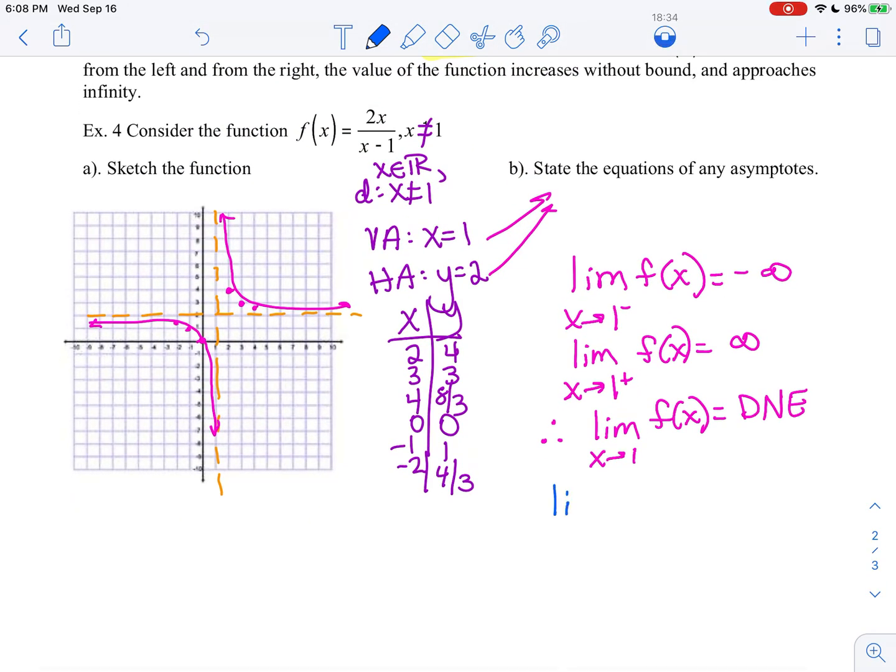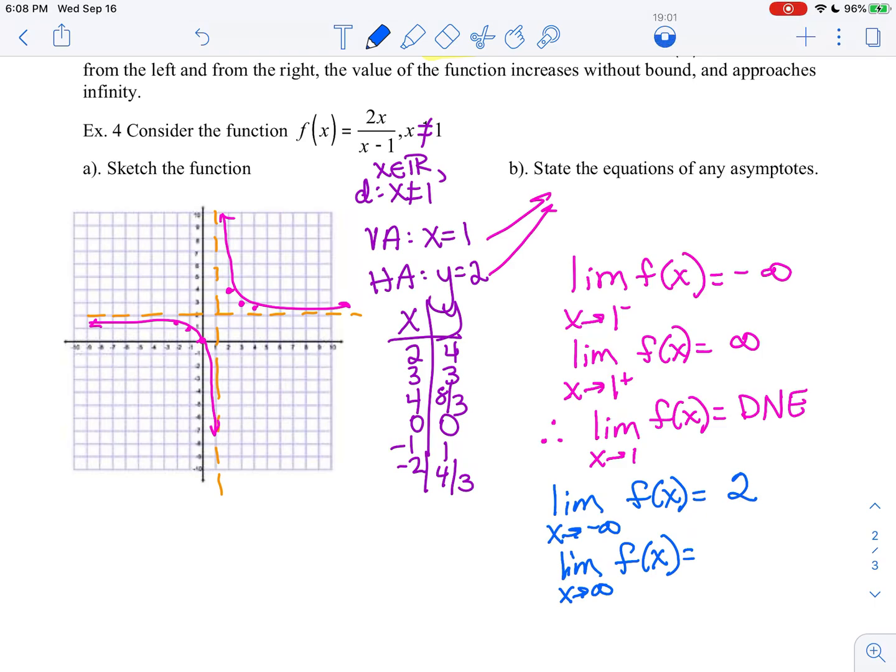The other limits I could talk about is the limit as x approaches negative infinity of f of x. So as I travel to the left, this is approaching the horizontal asymptote of y equals 2. And remember, a limit is the intended height. In other words, the y value as x is going to that value.